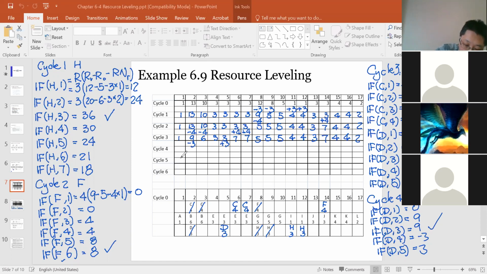So our distribution changed to 1, 6, 6, 3, 6, 7, 7, 5, 5, 5, 4, 4, 3, 7, 4, 4, 2. You can see the distribution is already much better than the beginning one. So we cut a lot of peaks and filled a lot of holes.